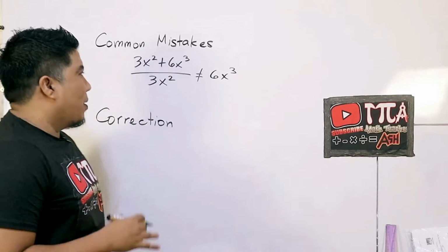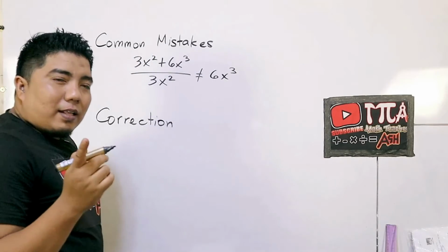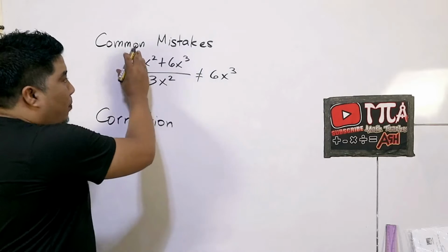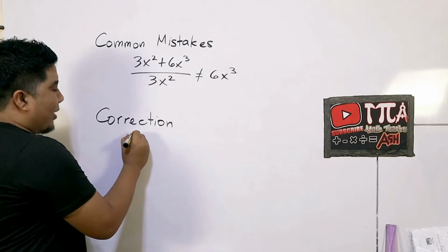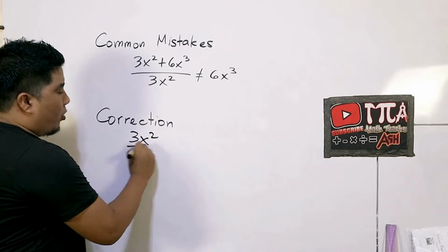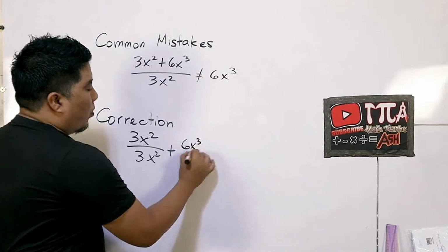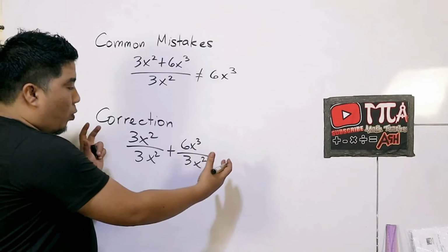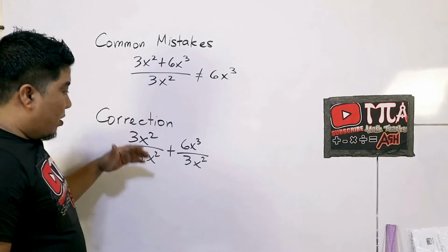Why is that so? Because in this manner, the 3x squared is a denominator of both terms. Meaning, this is basically 3x squared over 3x squared plus 6x cubed over 3x squared. Now, if you want to simplify this one, this will become the given.